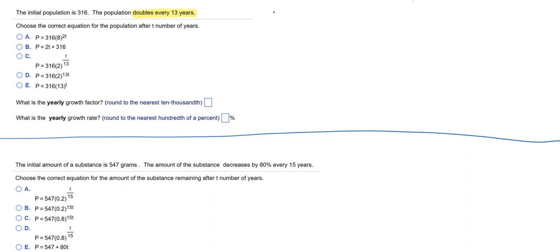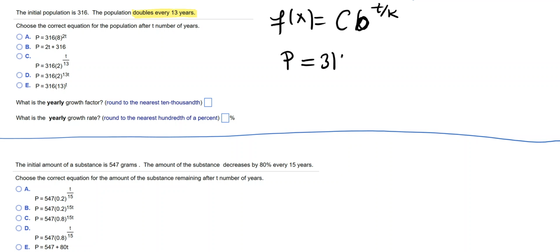So basically you're going to use f of x equals c times, I think we call it b to the t over k, where k is that every kth period. That's what k means.